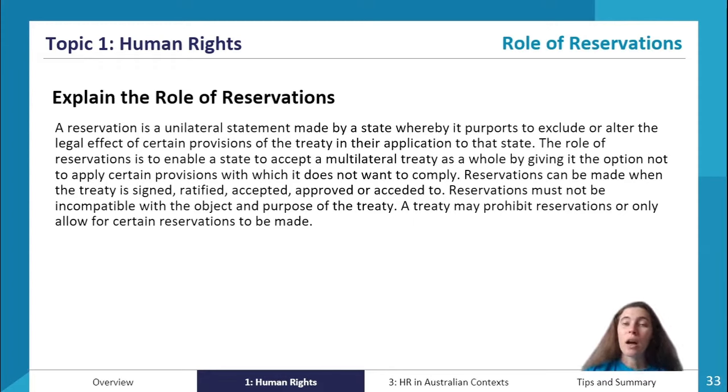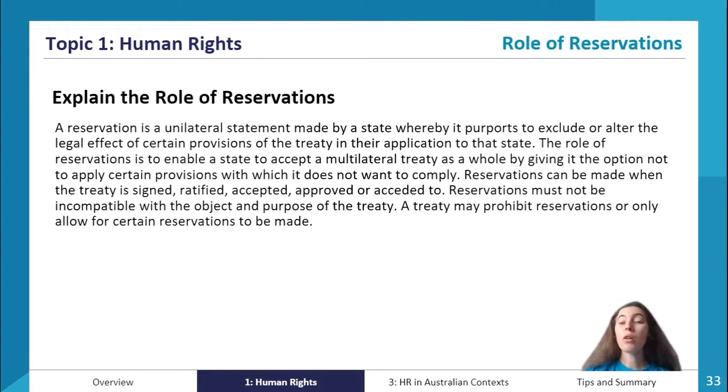So it's saying overall we are agreeing to this treaty or this convention. However, we aren't agreeing to this specific aspect of it, and we don't need to follow the different things that it's outlining in that section of it.